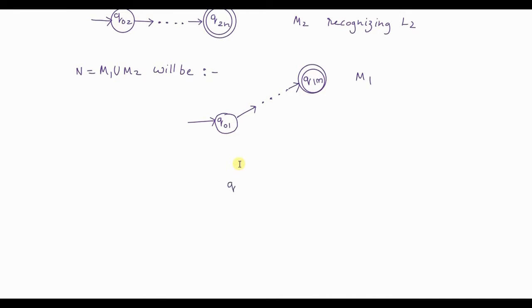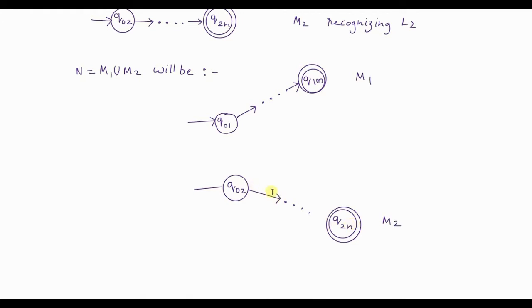Let's say Q02 is the initial state, then dot dot dot, and the final state of machine M2 is Q2n. Let's assume that this is the final state of M2, and this is machine M2.